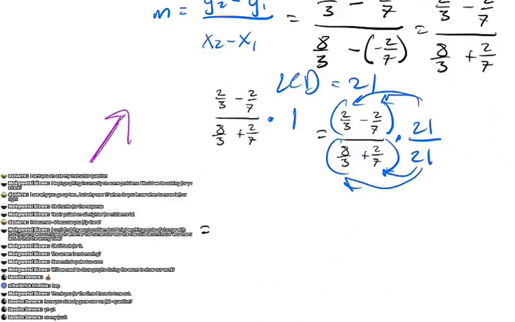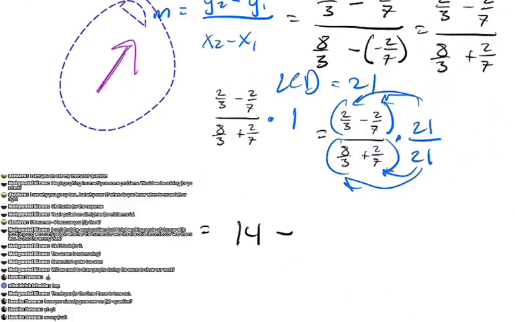So then my first number is going to be 14. Minus. Now let's look at the next one. If I'm distributing 21 times this 2 over 7, I'm going to say 21 divided by 7 is 3, and then 3 times 2 is going to be 6 in this case.